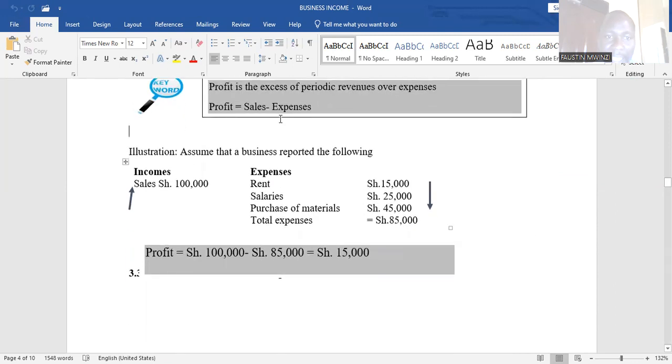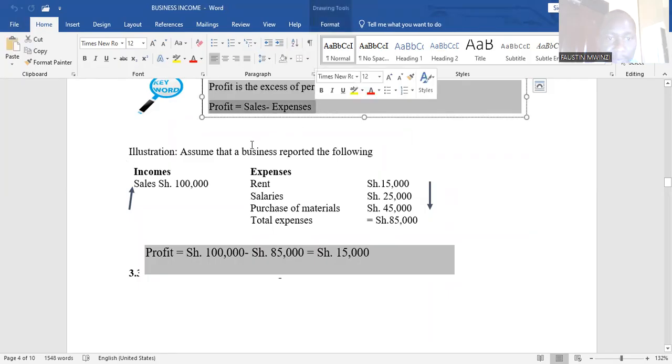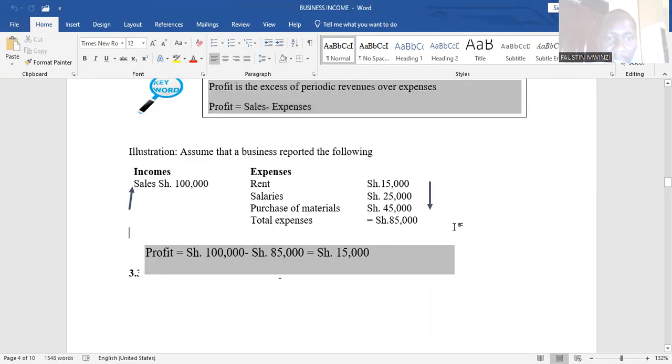We have to define the concept of profit, and profit is the excess of periodic revenues over what? Expenses. We are together, Greg? Yes. Now, profit equals sales minus expenses. So take this simple example. This business has made sales of 100,000.